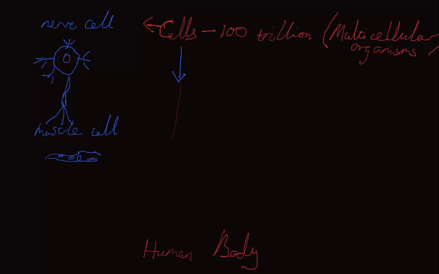The next level of organization, after so many specialized cells that have similar roles and functions come together, will be the tissue. There are four main types of tissues, and they are the connective tissues, the muscular tissue, the epithelial tissue, and the nervous tissue.